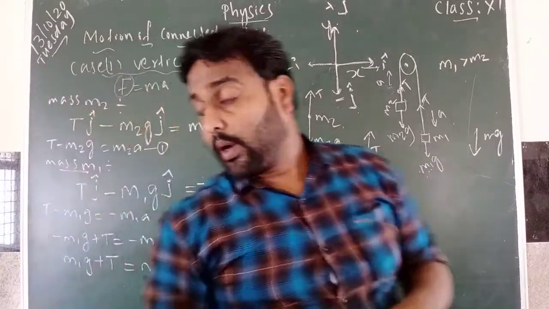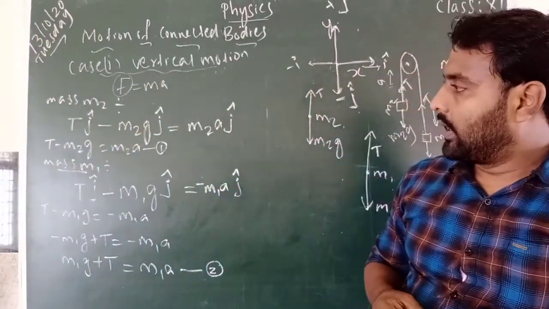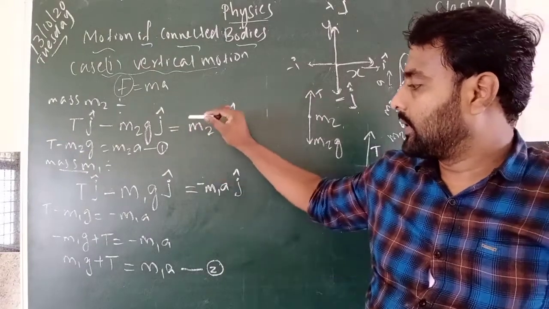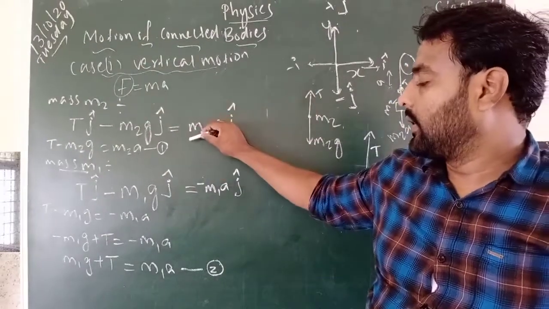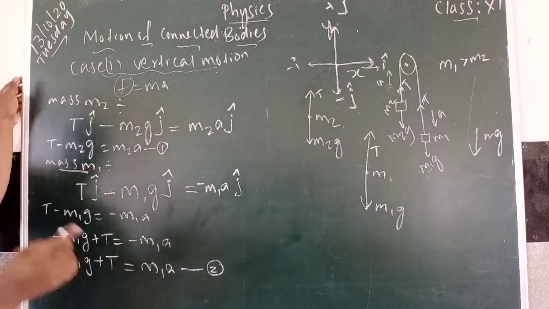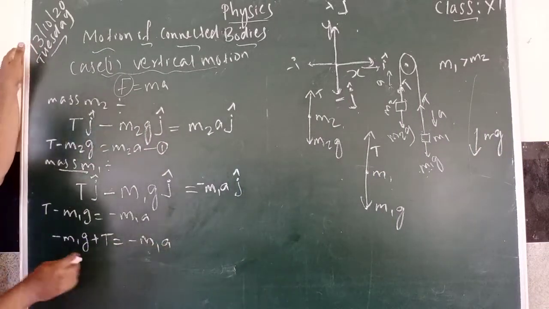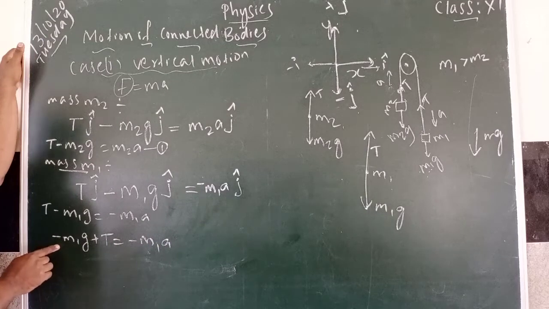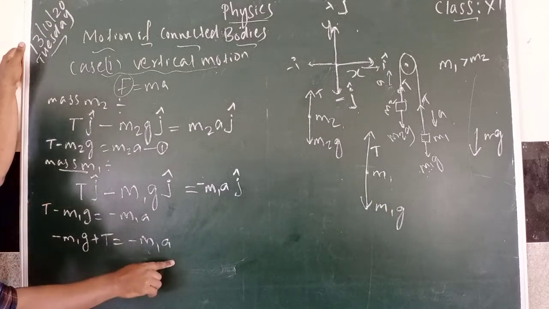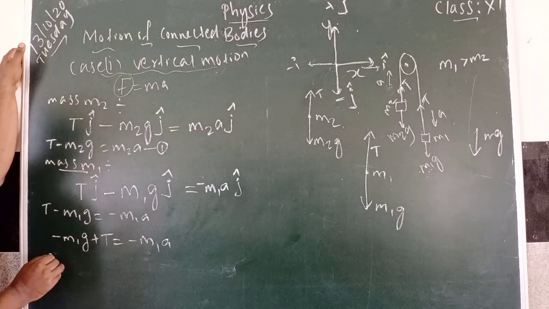Okay. Now, what we have to do, this equation. So, what will come here? You see again one more time in this equation. Now the equation is like this. Now multiply this equation with minus.